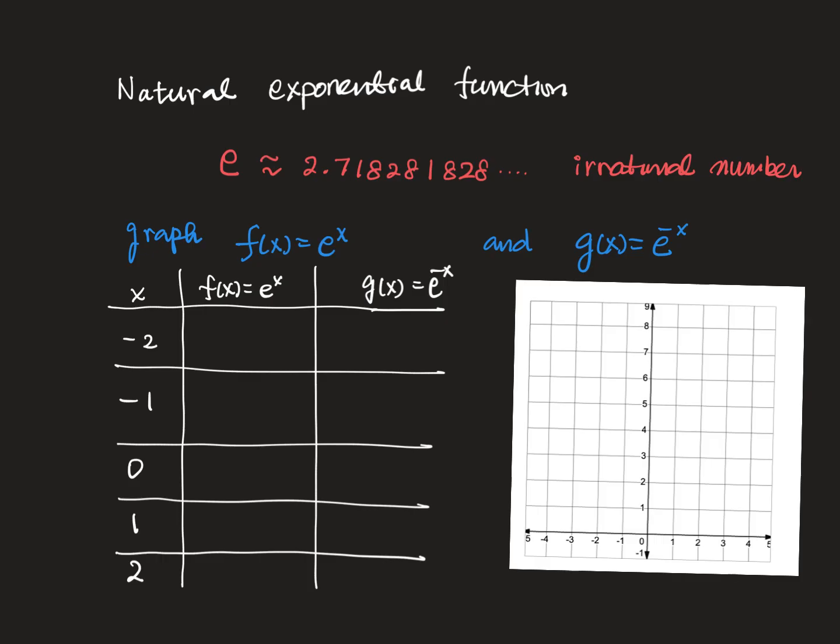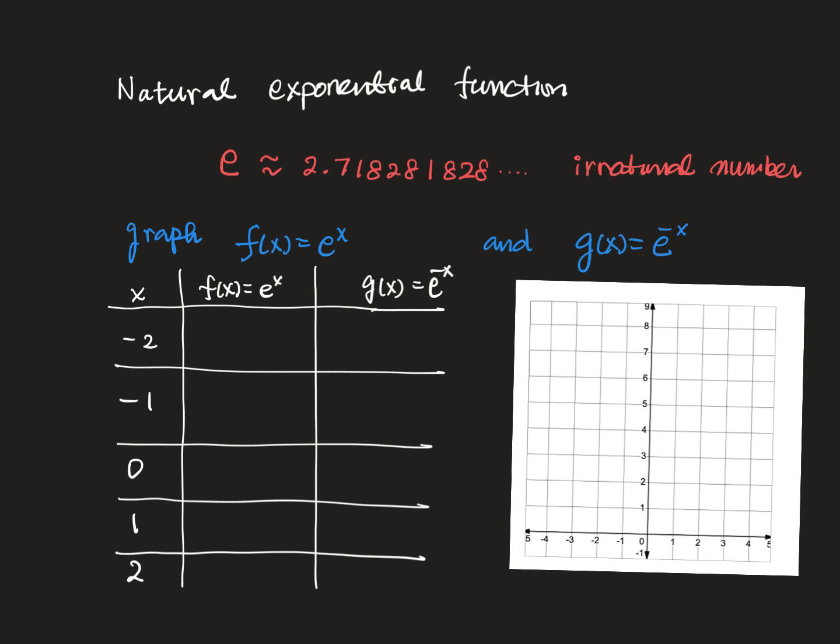Now, next one, we're going to talk about the natural exponential function, one of the most important functions in science and engineering, guys, okay? What is a natural exponential function? The natural exponential function has base e.